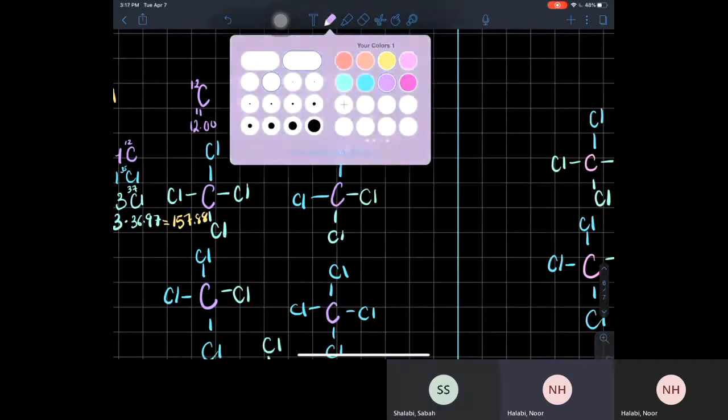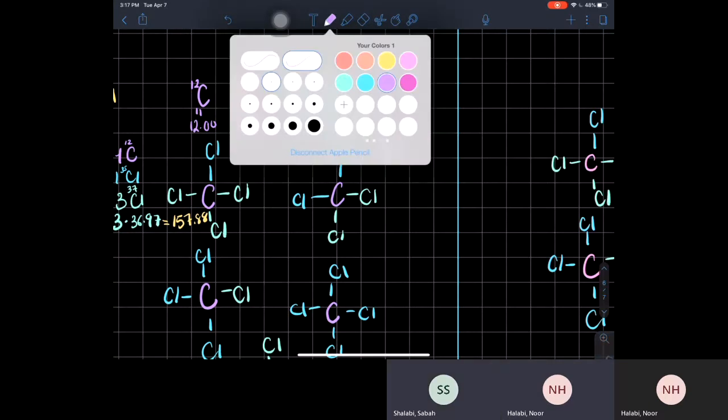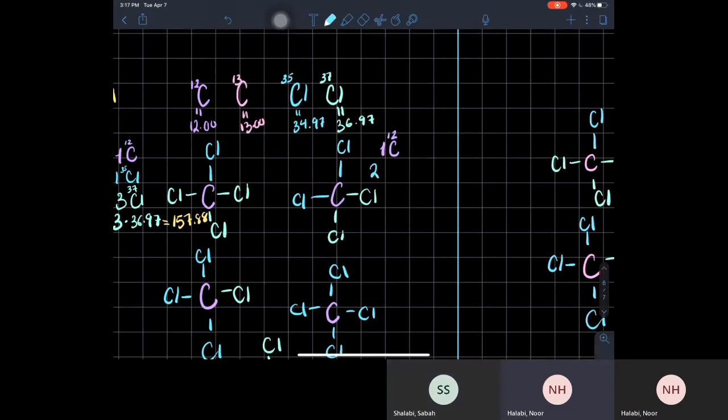Now for the second one. It tells me I have one C12, right? Yes. I have two Cl35 and two Cl37.